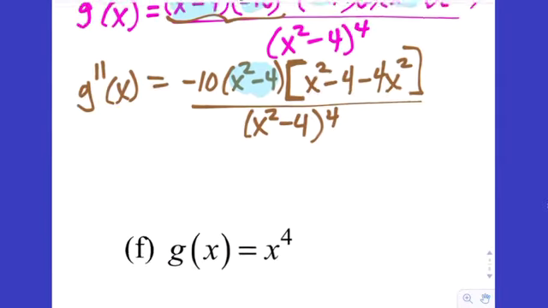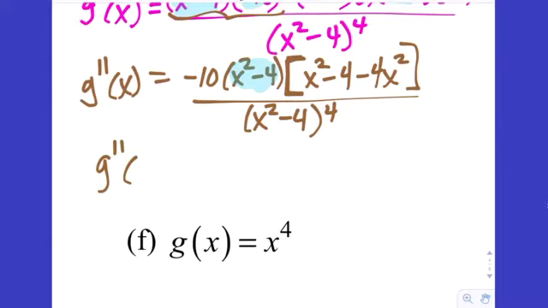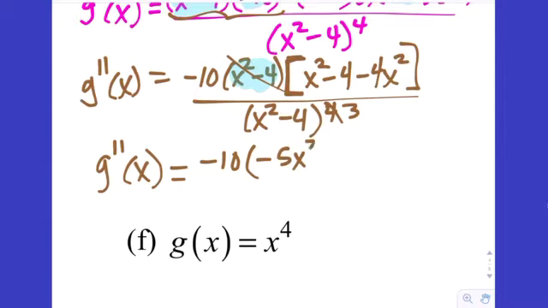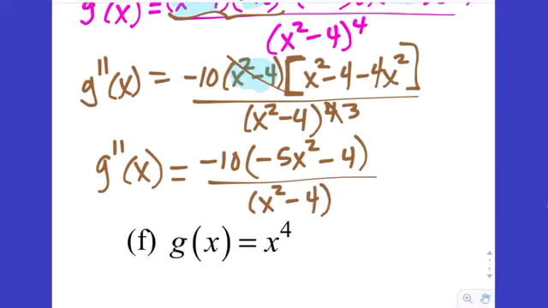So I would probably divide it out. That's what I would do. So with one of those dividing out, leaving that cubed, you're now left with negative 10 times, and then in the beefy brackets, you're left with negative 5x squared minus 4. All over x squared minus 4 cubed.